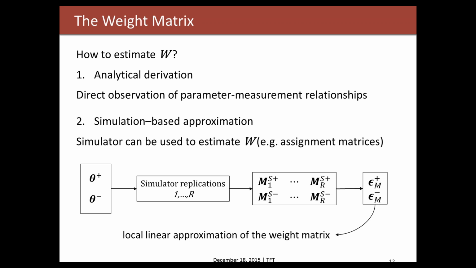This is especially the case when we are dealing with origin and destination matrices. The simulation tool can be used to compute a weight matrix approximation. A good example is the assignment matrix, which is endogenous to the simulation model itself and cannot be analytically estimated.